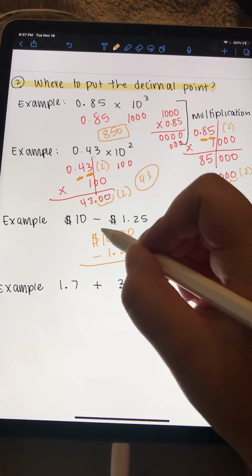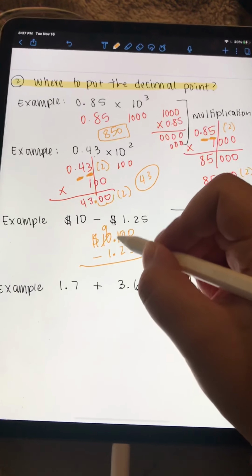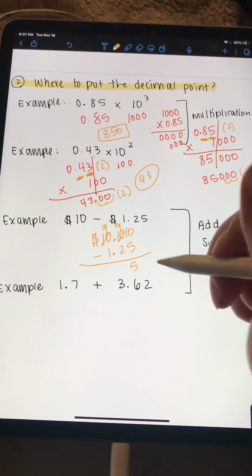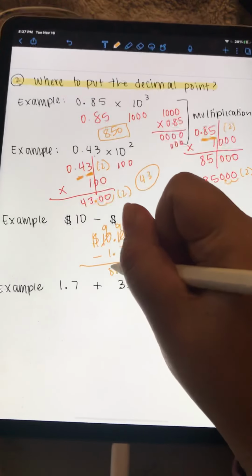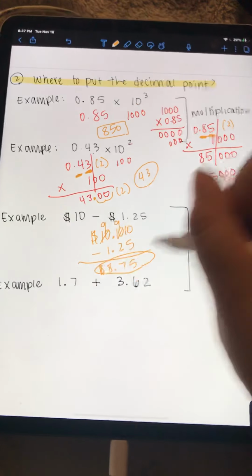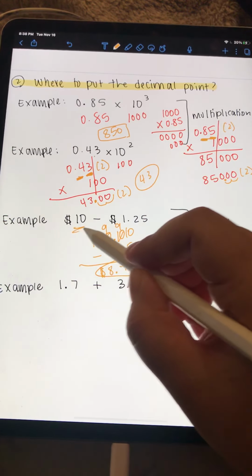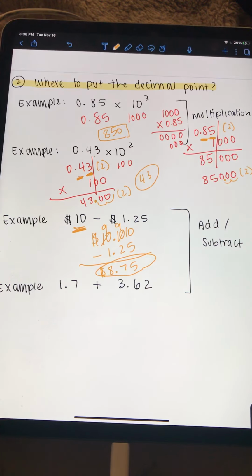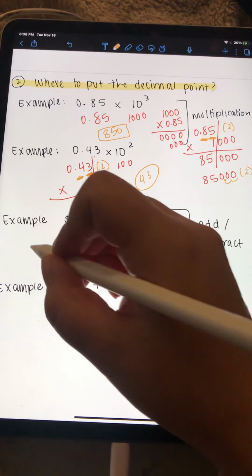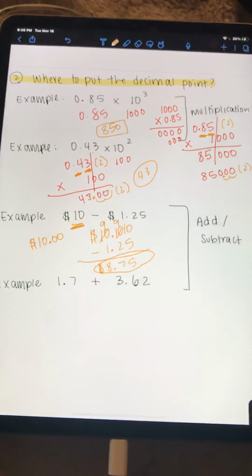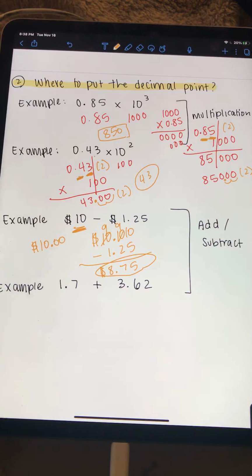You borrow across, right? This becomes a 9, a 10, a 9, a 10, right? You do your basic subtraction and we get our answer. But remember, when you have a whole number like 10, don't let that throw you off. You can rewrite it as 10 with 2 zeros after a decimal because we have no change in this case.